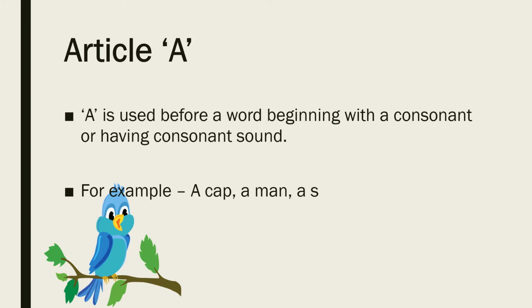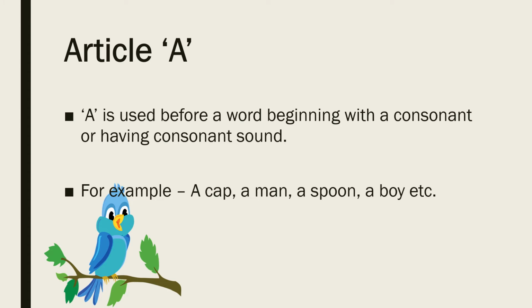Let us see examples like a cap, a man, a spoon, a boy. So here see all these words cap, man, spoon and boy, they start with a consonant sound. Like cap, it starts with the sound k. This sound k is a consonant sound.